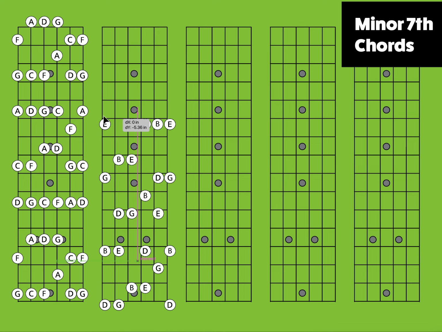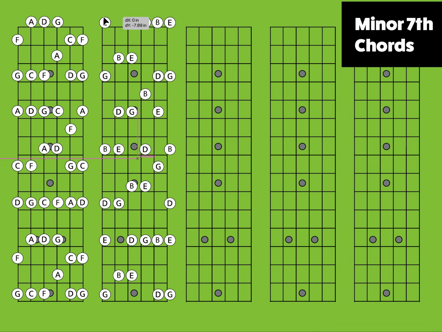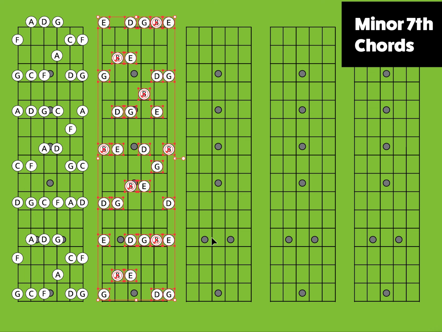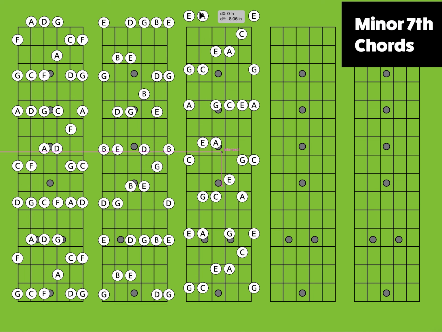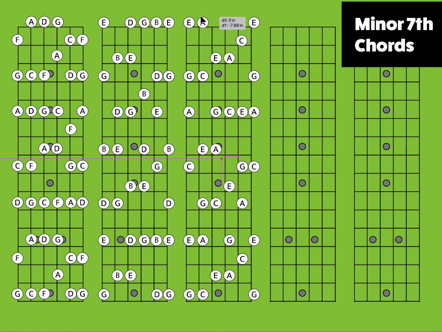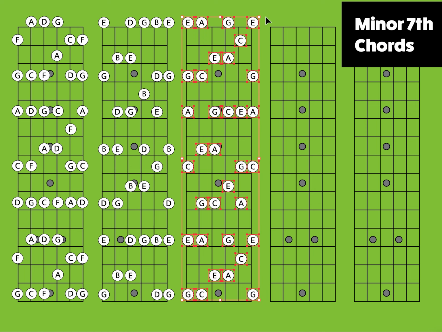I'm going to bring into the picture the other minor seventh chords. On the third degree of C, we have E, and on the sixth degree of C, we have A, and both of those are also minor seventh chords. I'm going to take the G out of here now, and we can see a lot of the same patterns.